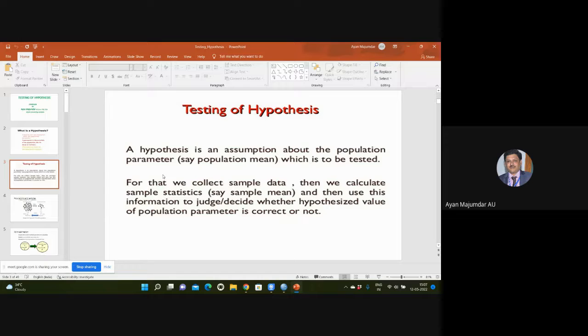How to go ahead with the testing? From this population, we will collect some sample data. In this case, we will take some data from the class and calculate the mean weight. Using that, we will decide whether the hypothesized value, 58 kg, is correct or not.